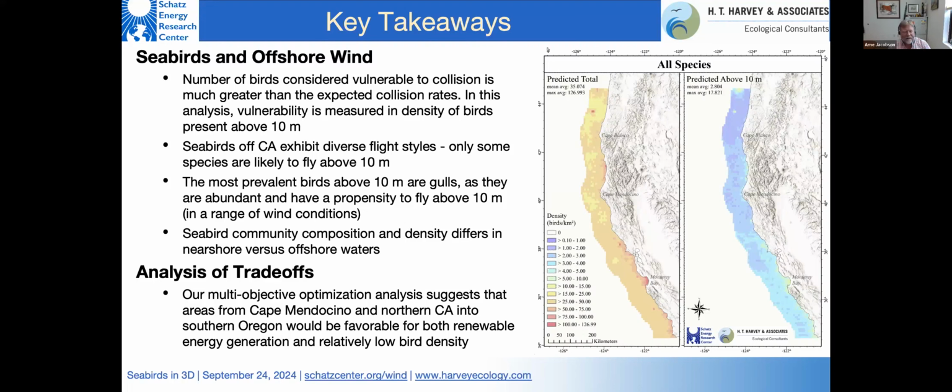And then in the analysis of trade-offs, the multi-objective optimization suggested that areas from Cape Mendocino to the north into Northern California and Southern Oregon would be favorable both from a renewable energy generation perspective and having relatively low bird density.